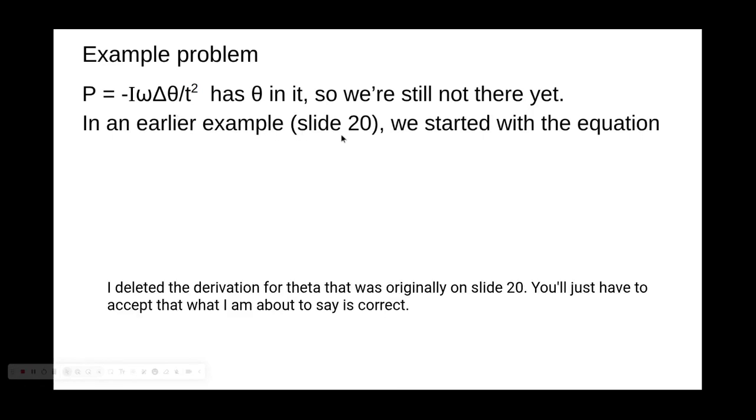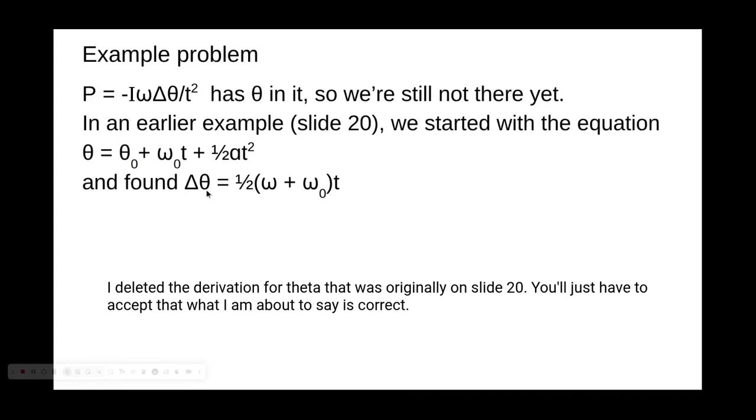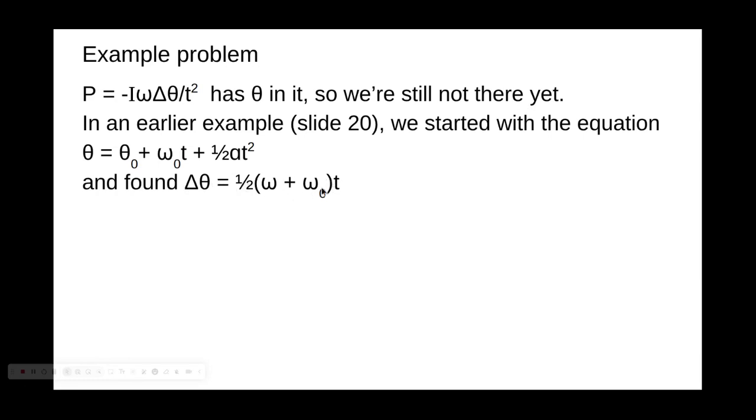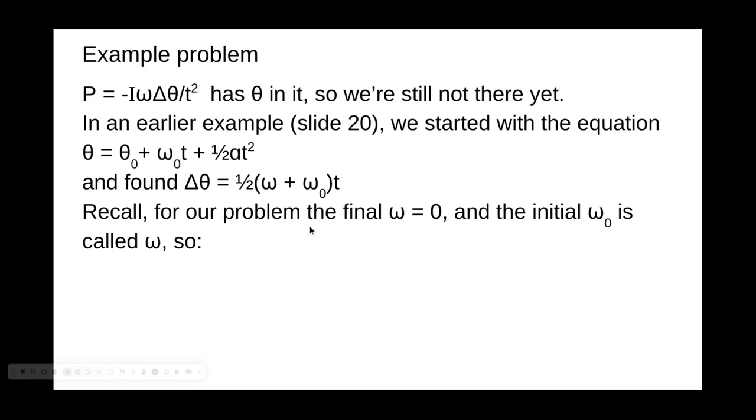So in an earlier slide, I had this equation on there, and I eventually derived this formula. So I'm not going to repeat that right now, but you can go back and review that. So if we substitute this, now we have just omegas in it, and so that's going to help us out a lot. So remember that this is a value that we're calling omega, and this is actually 0.